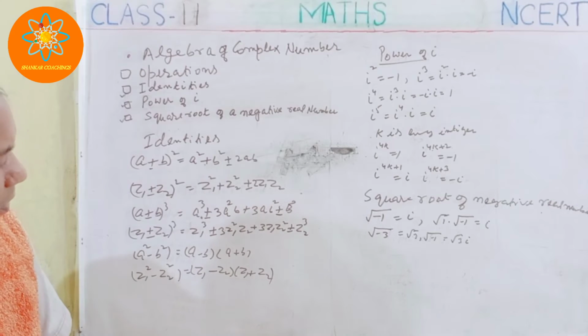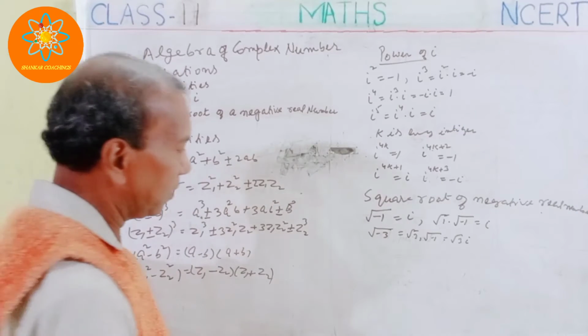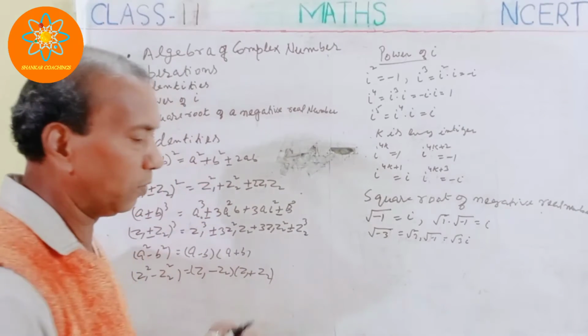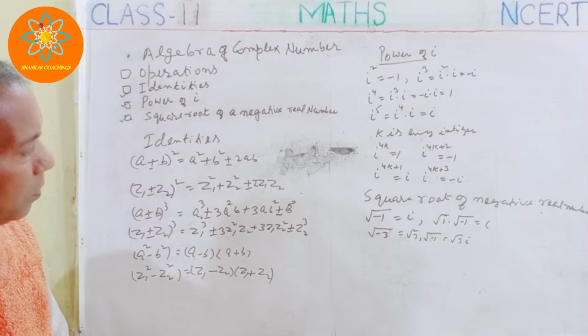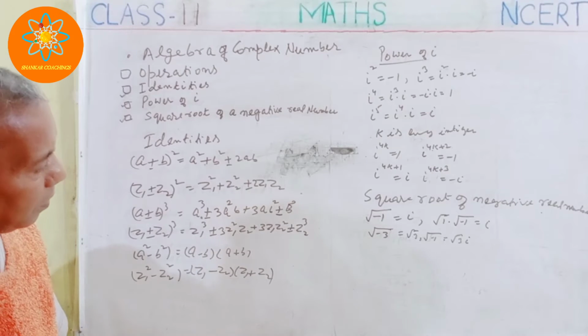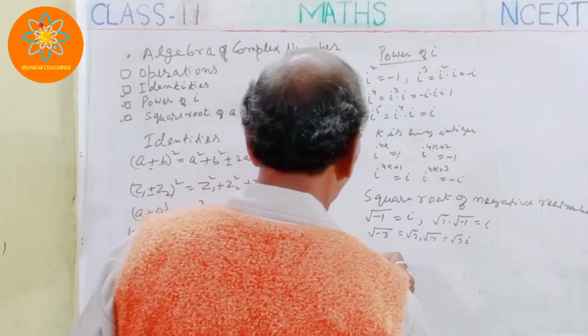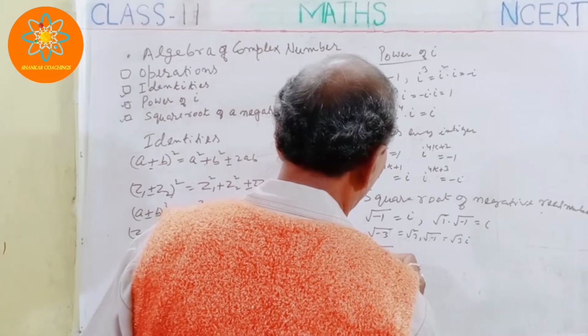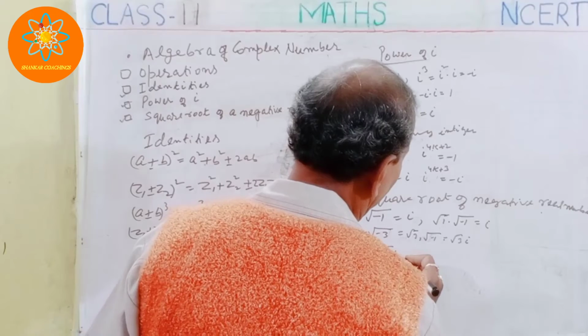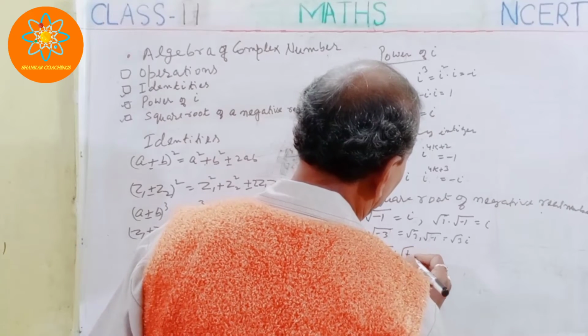Let's suppose in general I am multiplying two numbers. One case I'm taking is the positive real number, and another case is the negative real number. So what is the value of root a into root b?